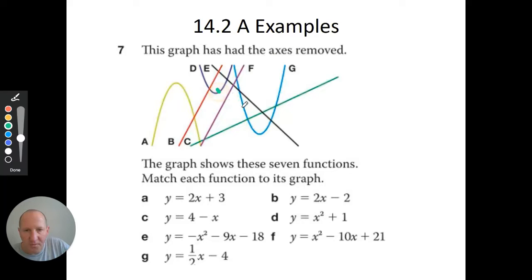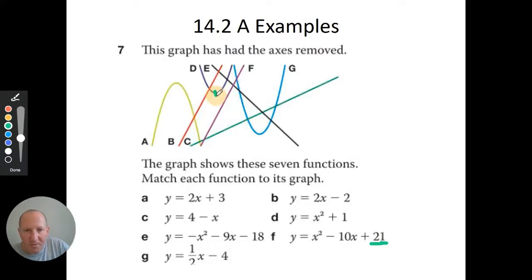We've just got these two to solve now. These are the two quadratics that are left. So we've got x squared plus 1 and x squared minus 10x plus 21. I think the easiest way to look at these are these two intercepts. These work just like they do on linear graphs. So the one that is higher up is going to be this one, 21.